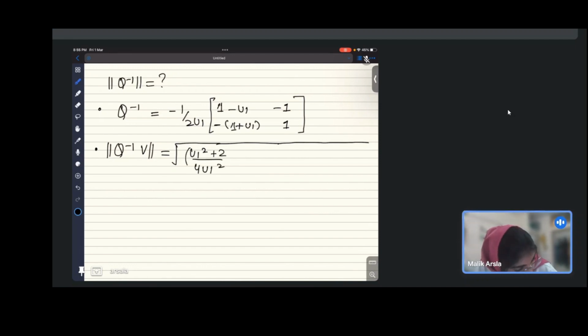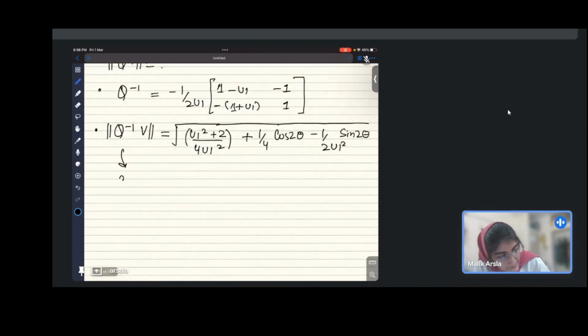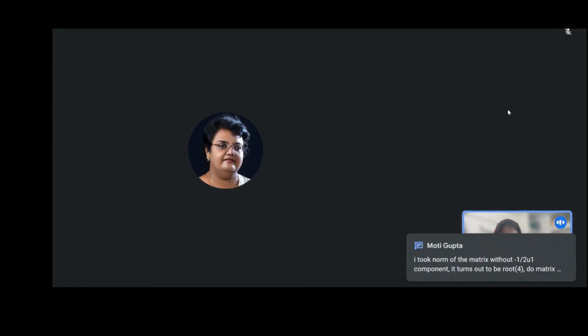Do it at your own end and check if you are getting the same. And the second will be 1 by 4 cos 2 theta minus 1 upon 2 u1 square sine 2 theta. Now for this thing to be maximum, let me call it g of theta. We called it f of theta earlier.